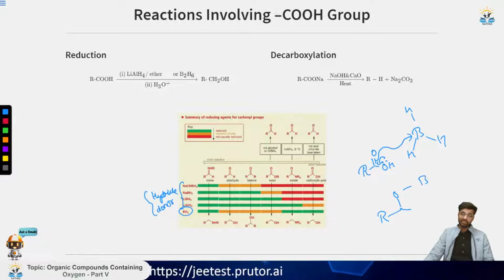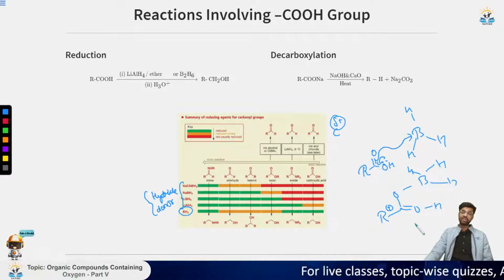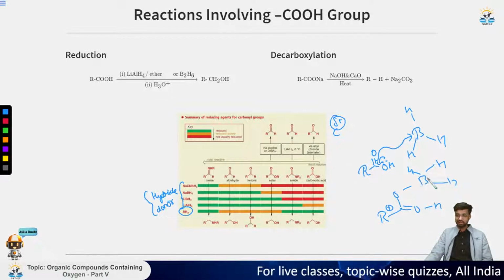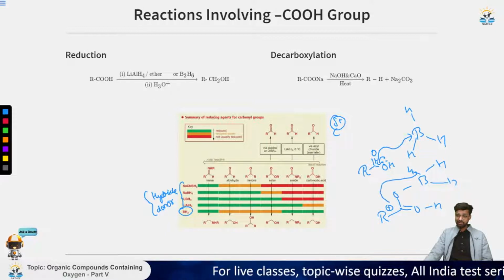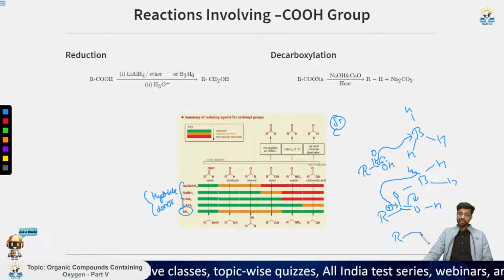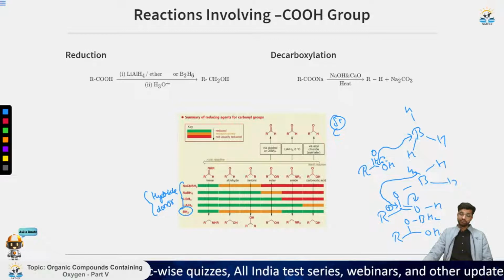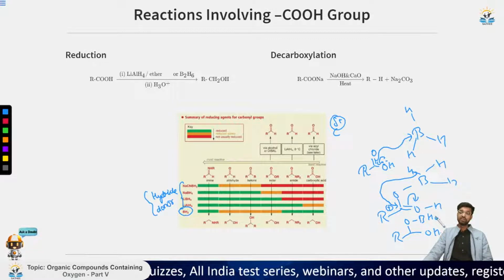Now it will form a complex which will look like this. You can see very clearly that this has a positive charge. This carbon, which initially had just a delta positive charge, now has a complete unit positive charge. Now the boron hydride goes here, attacks here, and makes it an alcohol derivative.